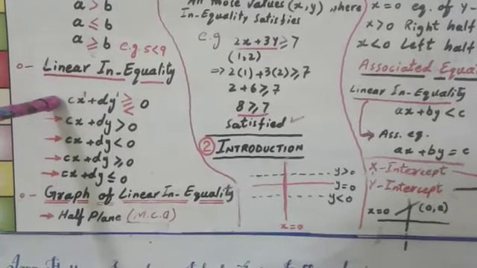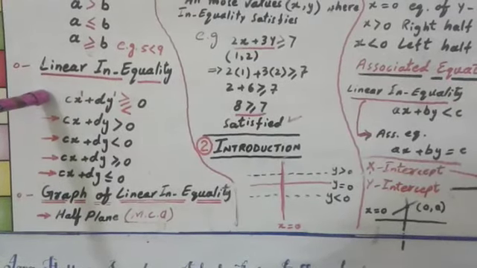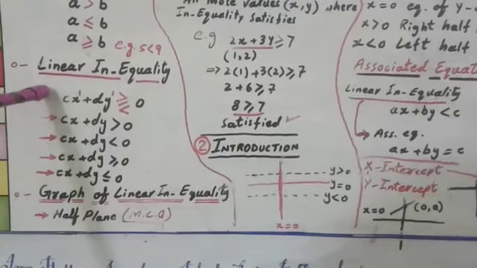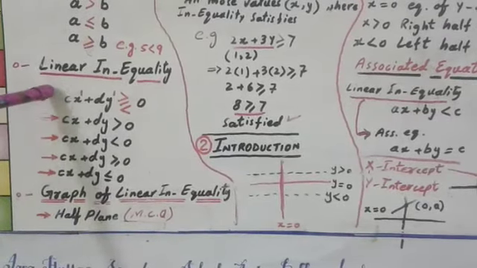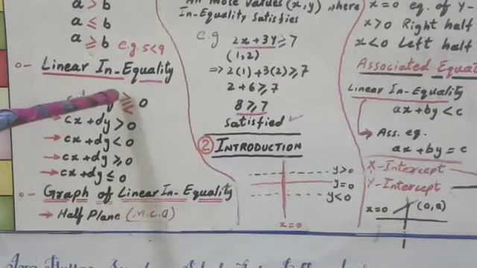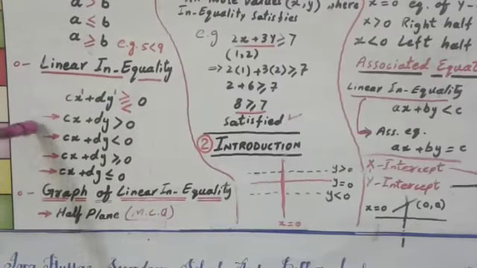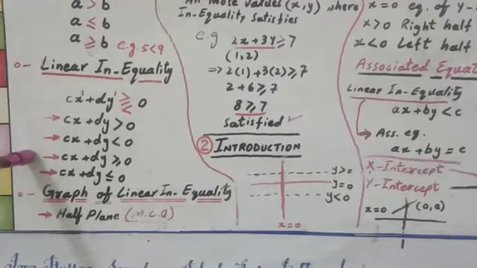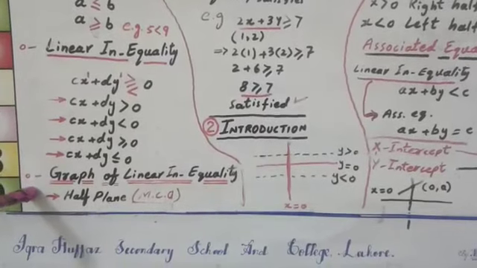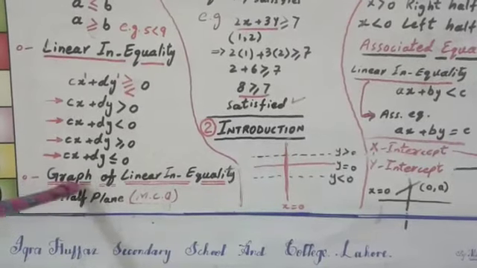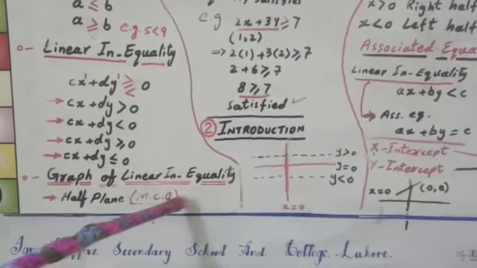So such expressions in which the maximum power of variable is 1 are known as linear inequality expressions. In this expression, all four signs can exist: greater than, less than, greater than or equals, less than or equals.